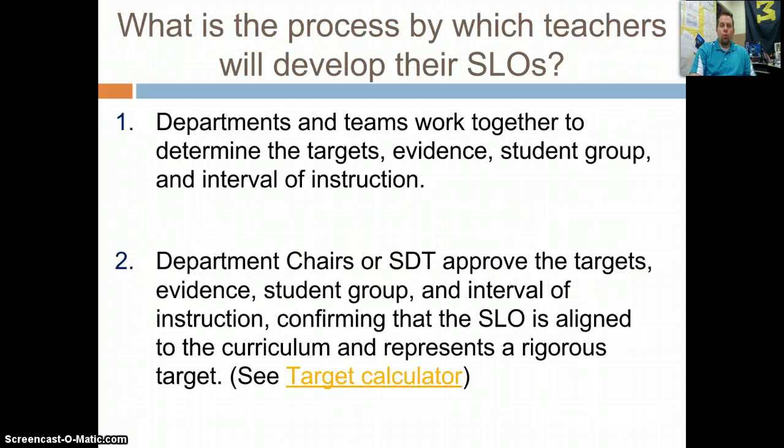All right, so what is the process by which teachers will develop their SLOs? Departments and teams will work together to determine the targets, evidence, student group, and intervals of instruction. For example, if it was a 6th grade world cultures class and you're working on how the physical environment influences cultures and how cultures influence the physical environment, that's a running theme throughout the course of the year.